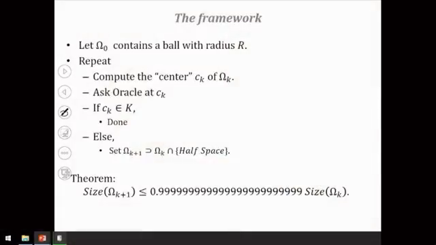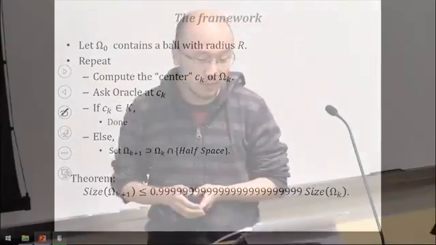There is a lot of work trying to solve this problem, and they all fit inside this framework. Imagine initially you have a region omega 0 that contains the solution. For example, you pick an omega 0 containing a ball of radius R, and then the algorithm keeps finding a certain center of your convex set and asks the oracle if the center is in the set.